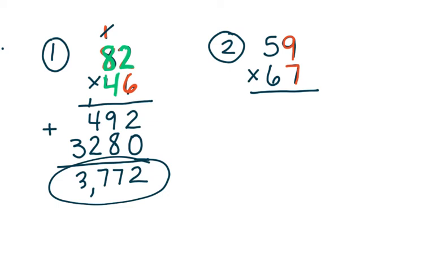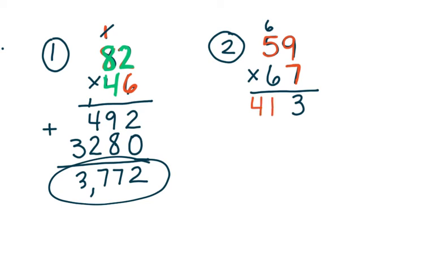So let's start with 7 times 9, which is 63. Put down your 3 and carry your 6. 7 times 5 is 35. 35 plus 6 is 41.